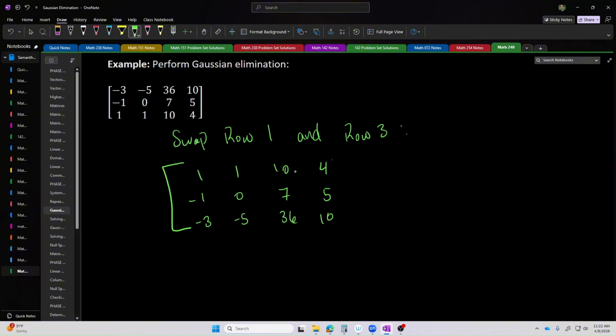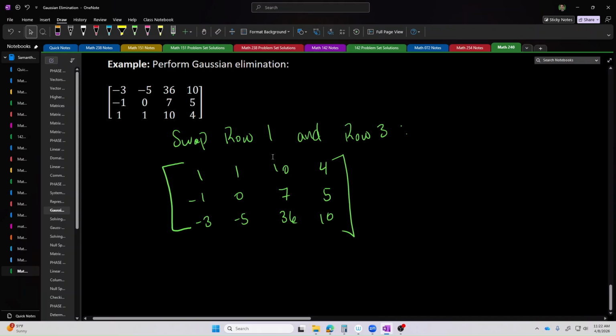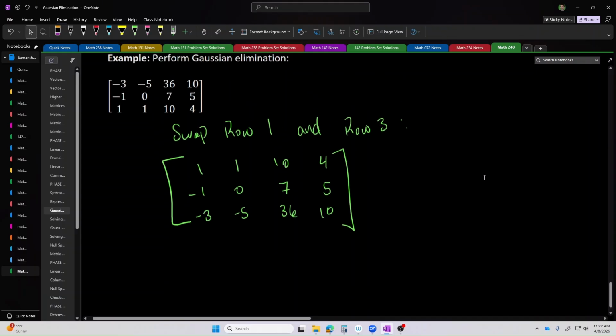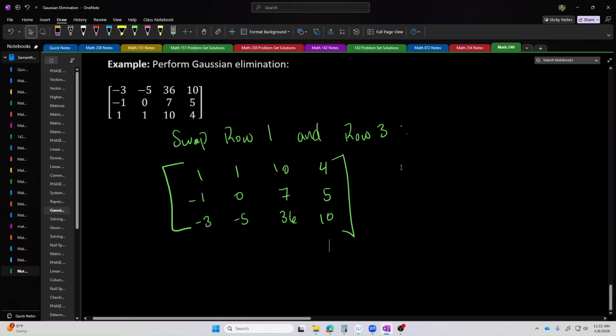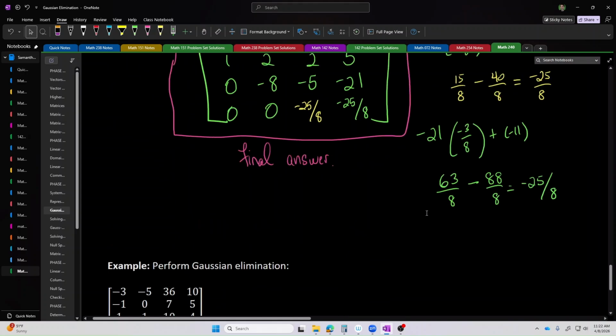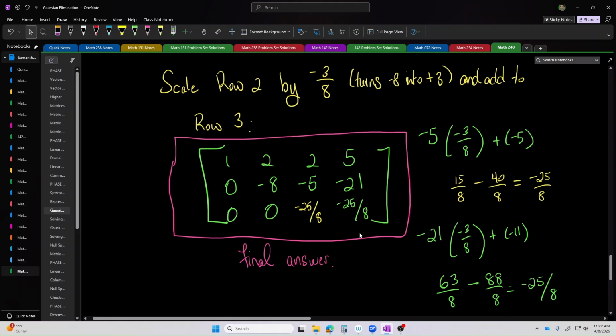The reason why I like to swap rows containing ones into the top is that it makes it much easier to scale the rows to create canceling pairs. When we were dealing with this example and our pivot had something in there that was not equal to 1, something that was like -8, our scaling factor involved a fraction, which made the arithmetic a lot more complicated.